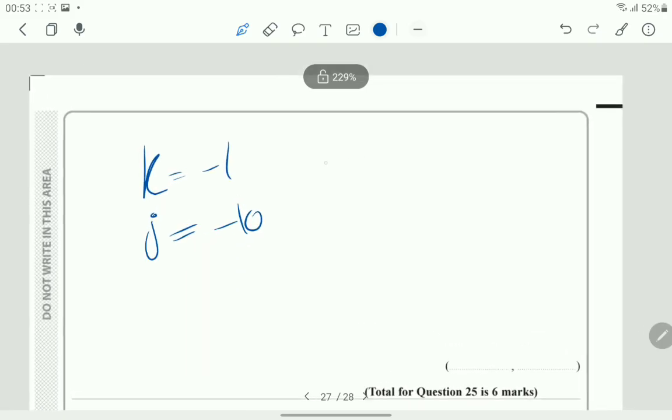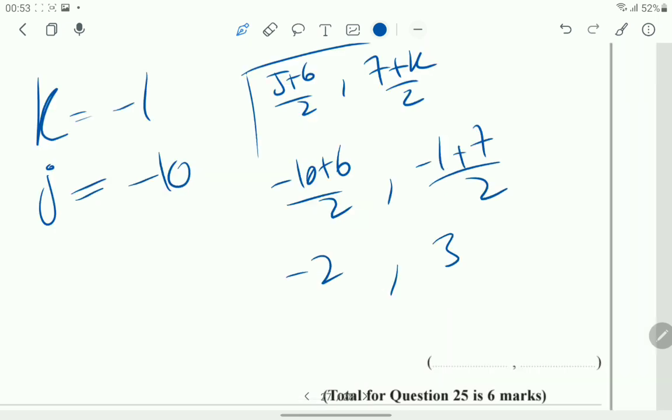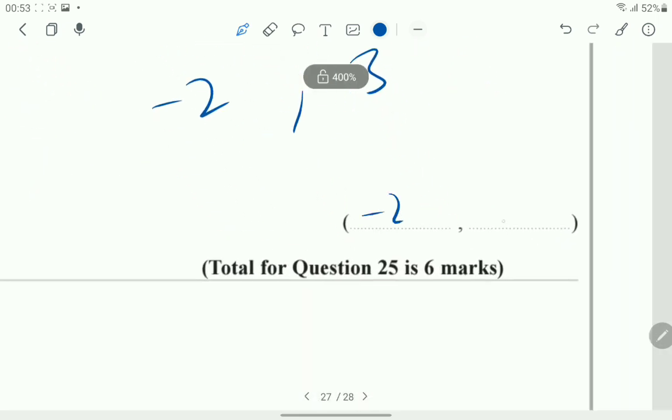So our original was 7 plus k over 2. So now minus 10 plus 6 over 2, comma, minus 1 plus 7 over 2. This is minus 4 over 2, which is minus 2, and this is 6 over 2, which is 3. So these are your coordinates.